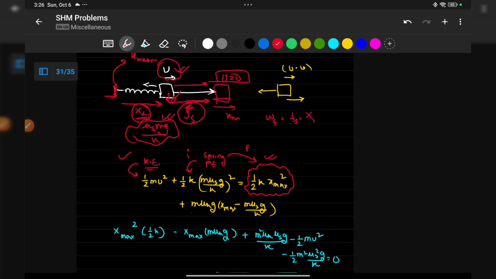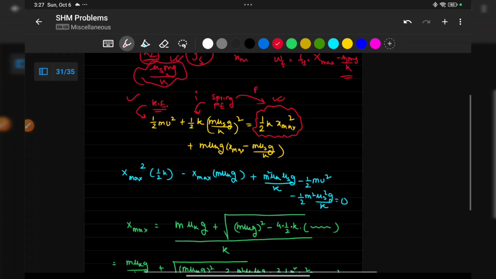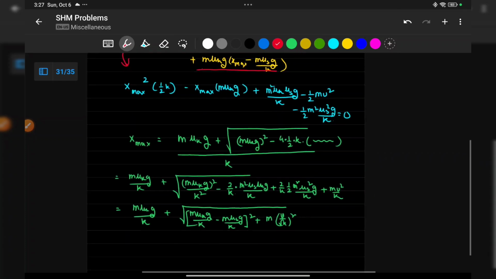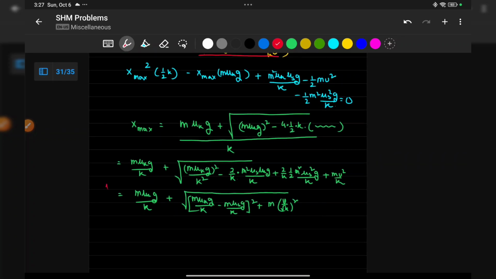Right, that's what is written here. You can see. And now you just solve this, and you get x max as this. You understand? You get x max as this.